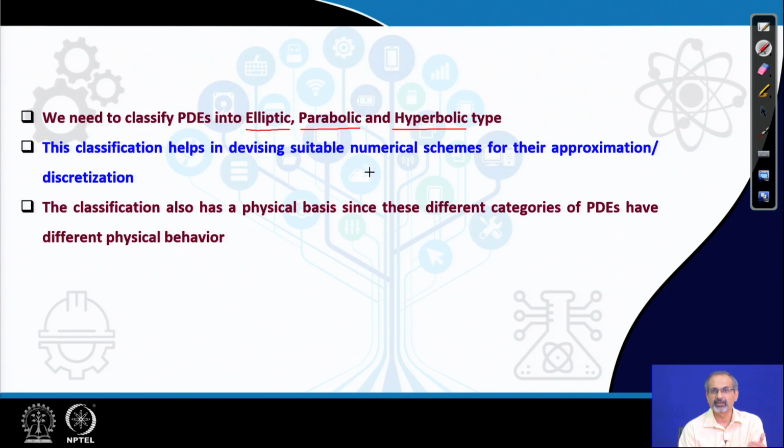Until and unless we classify them and understand their mathematical behavior, an appropriate numerical scheme will not be possible to devise in order to undertake the approximation or the discretization of the partial differential equations.